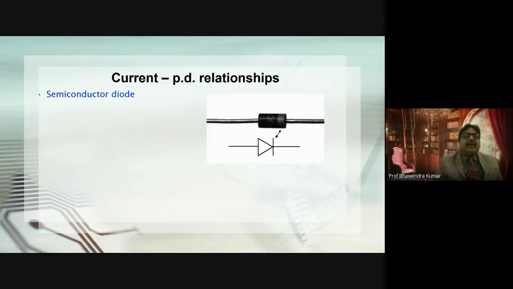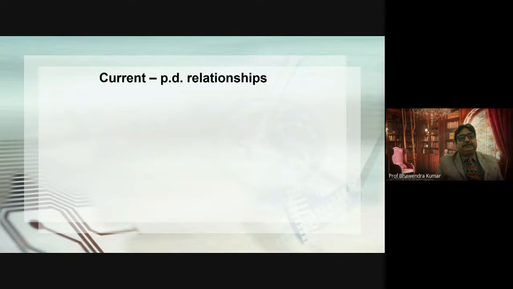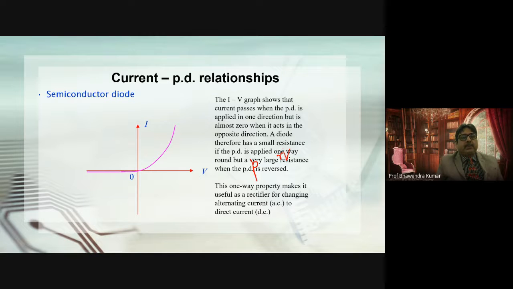Now this is a semiconductor diode. This is the symbol for a diode. The triangular section represents the P section, and the straight line represents the N section. Actually, it is called a PN junction diode. This is the graph. What do you notice here?